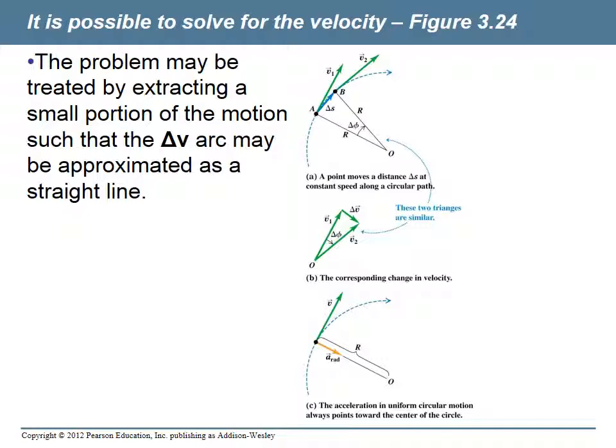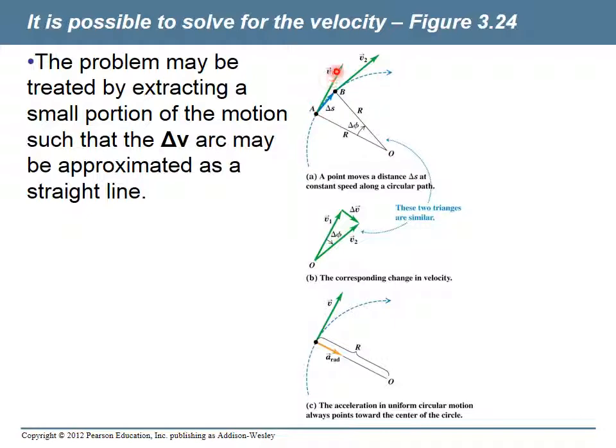I'll briefly run over the derivation of it, but really the most important thing is the result we get from this. In part A of the figure, something follows this path right here.